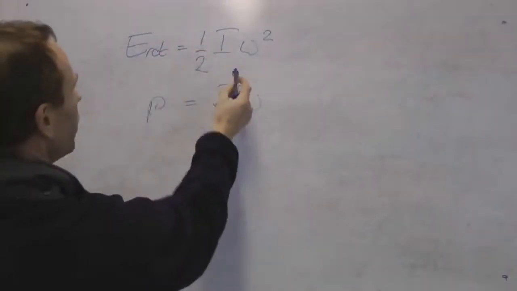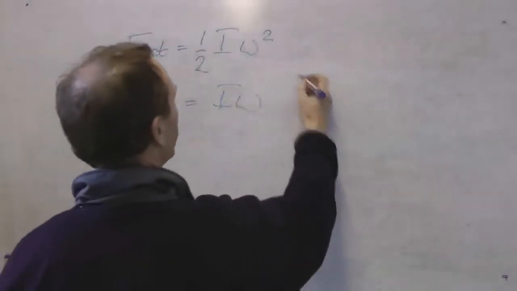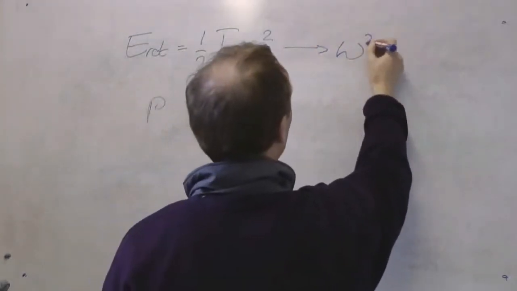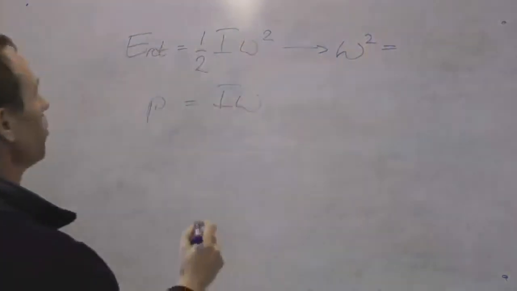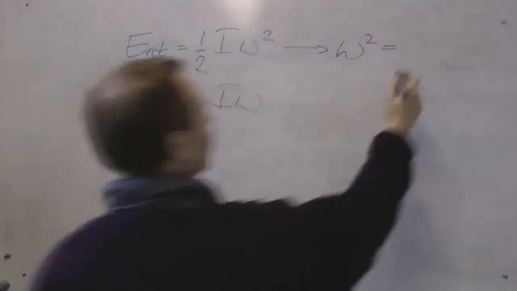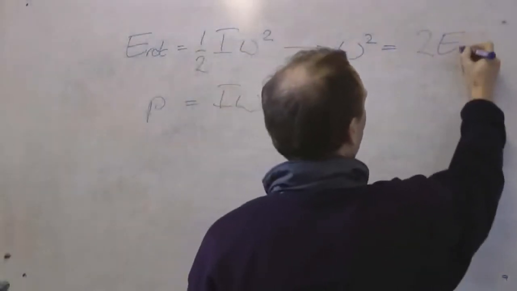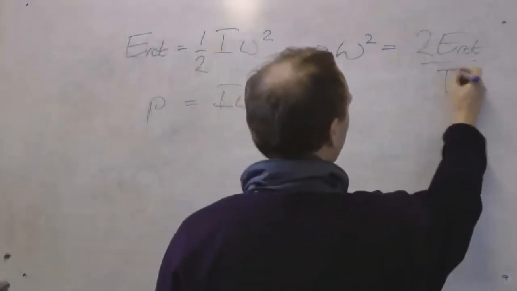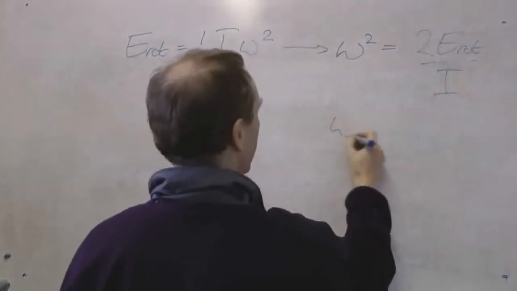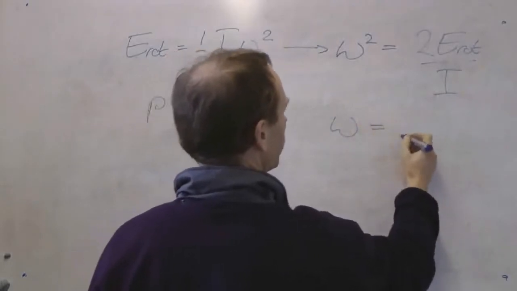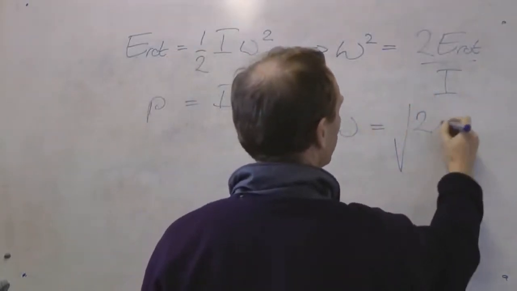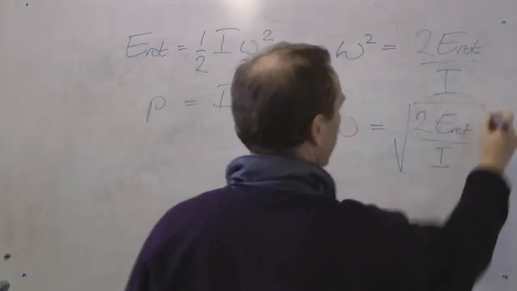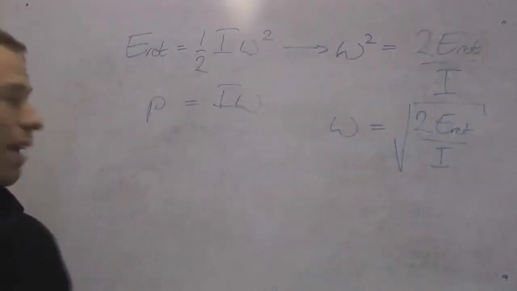we can rearrange this first equation to get an expression for omega. So if you rearrange this, we get omega squared equals 2 times E rot divided by I. So therefore we have that omega is equal to the square root of 2 E rot upon I. Hopefully that's clear for everyone.